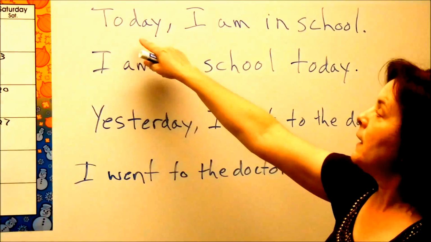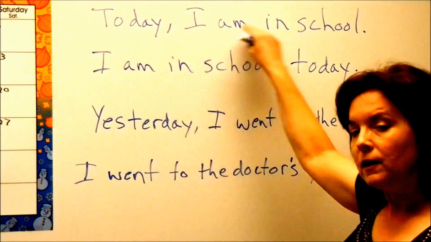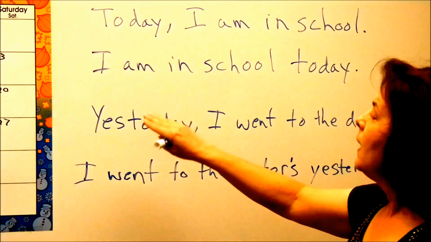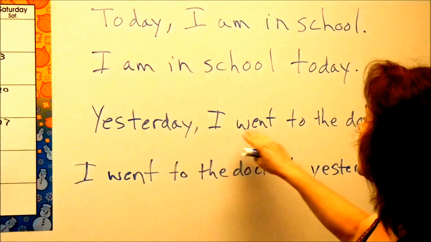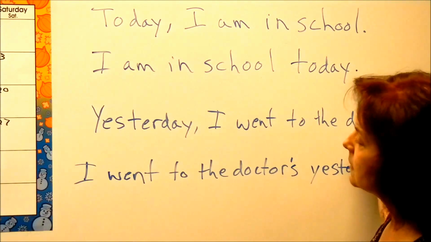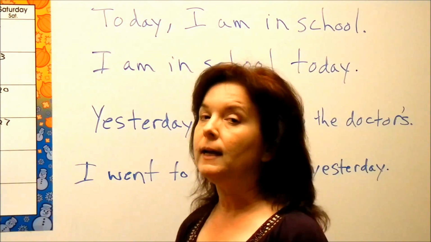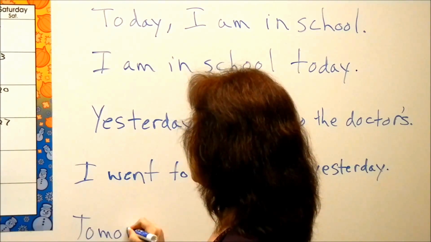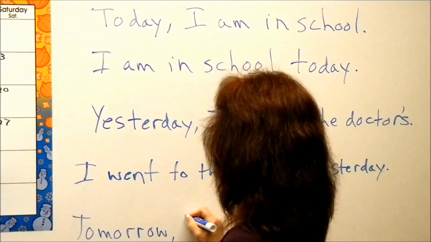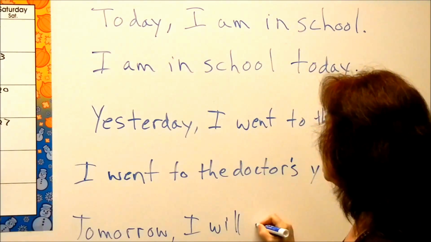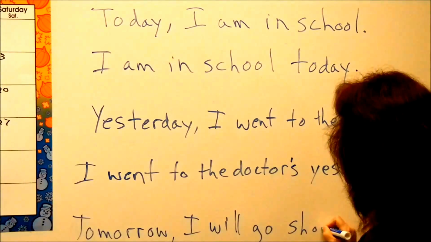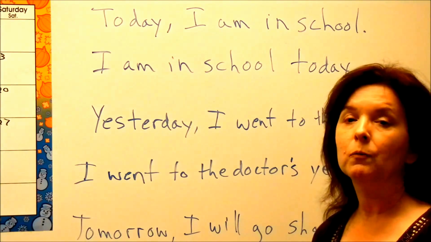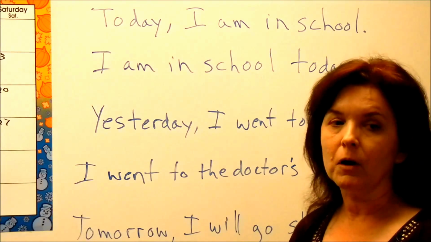Remember that whatever you're talking about, if you're talking about today, your sentence has to be in the present tense. If you are talking about yesterday, you have to be past tense. The same way, if you're talking about tomorrow, it has to be future tense. Tomorrow, I will go shopping. Or, I will go shopping tomorrow.